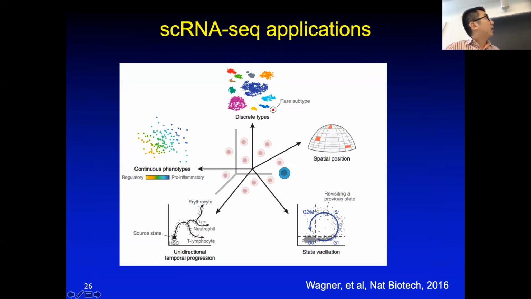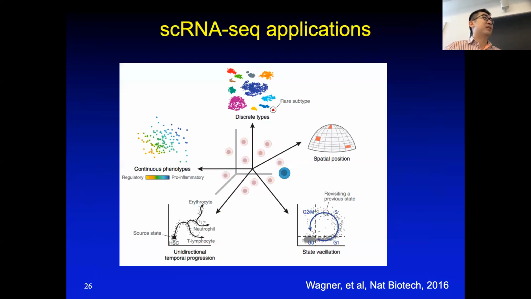And finally, single-cell RNA-seq can be combined with other technologies, because in most single-cell RNA-seq experiments, when you lyse the cells, the spatial information is lost in most cases. So for many questions related to embryo development, you might combine the single-cell RNA-seq data with other imaging technologies for which you know the expression position of the genes.